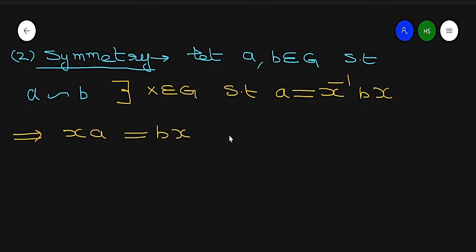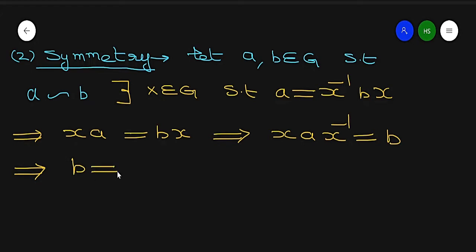Now we multiply by X inverse on the right-hand side, so XA X inverse is equal to B. So B can be written as X inverse raised to power inverse into A into X inverse.